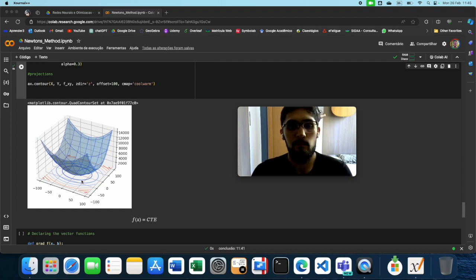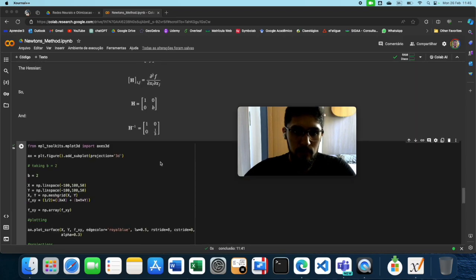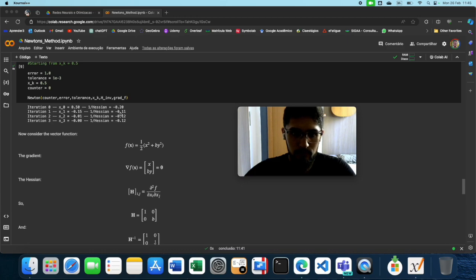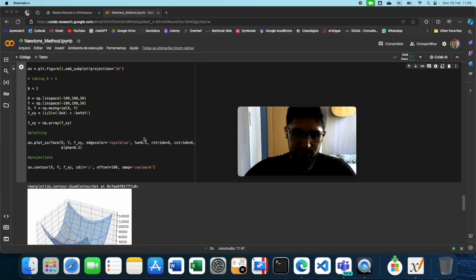This is what we are doing in every iteration. And the Hessian, this value that changes right here, as we saw, is the intensity with which we are going in that direction.